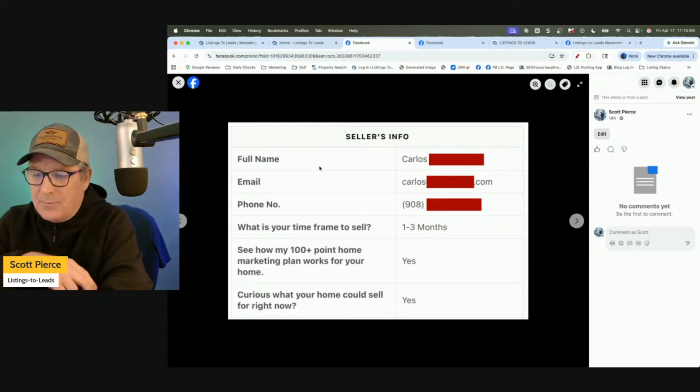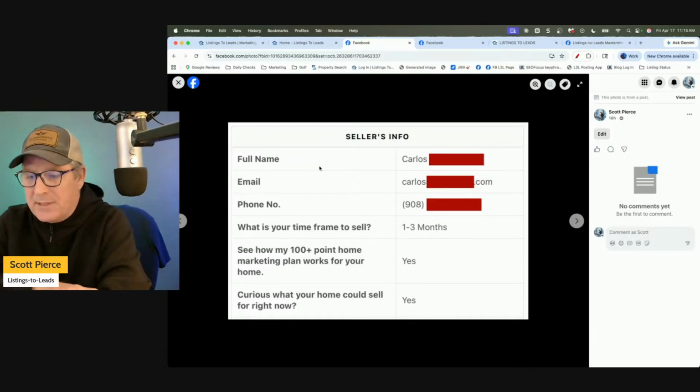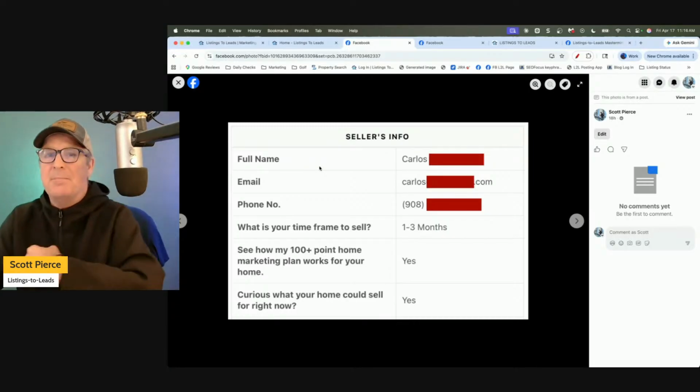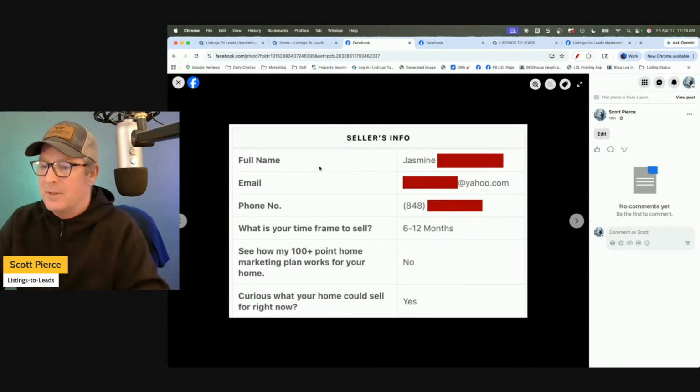And he also said he's curious what his home could sell for right now. So I'm going to get the property address and let him know. I might even ask him, if you've got the ability to do this, would you be interested? Are you interested in a cash offer, or are you more interested in selling on the market to get the highest price? So when I'm talking to Carlos, as I'm emailing him, texting him, calling him, I'm going to refer to all 3 of these things. Gives me more value that I can provide him.